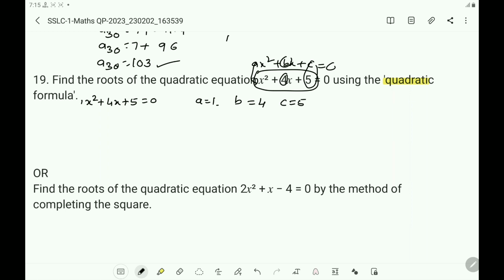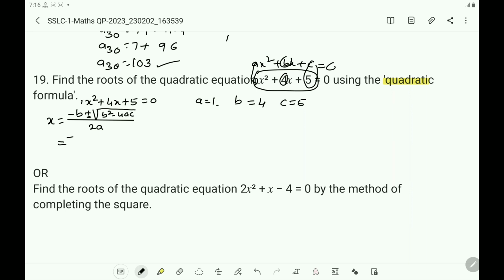Then you write the quadratic formula. Quadratic formula is x equals minus b plus or minus root of b square minus 4ac by 2a. That equals minus, you write minus only.